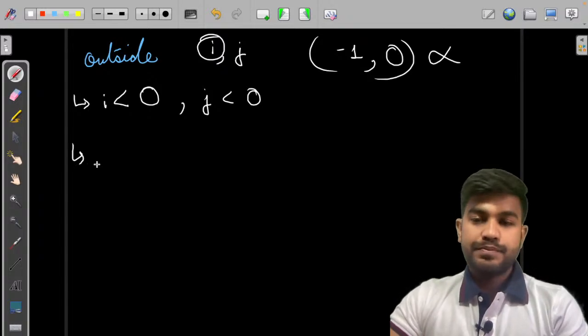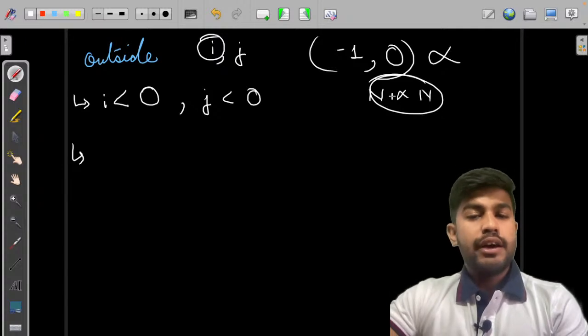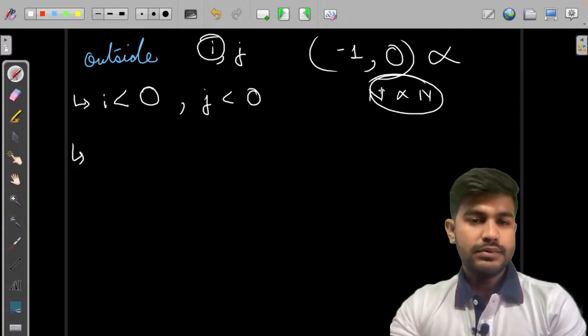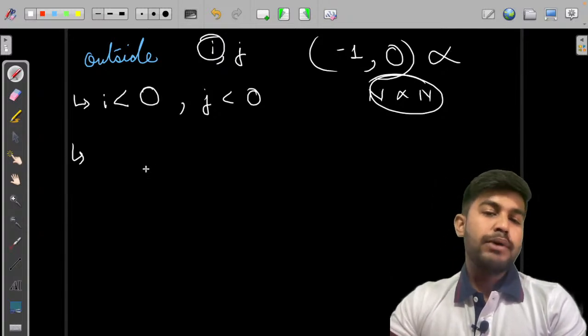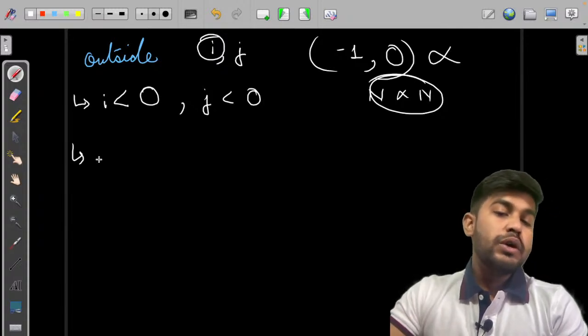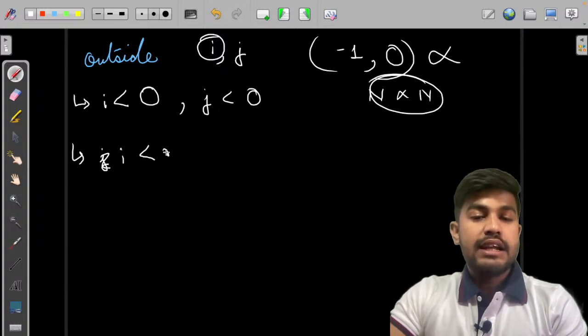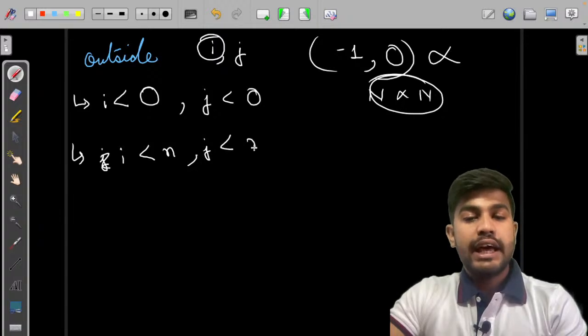Now suppose the size is n cross n for simplicity. So if the index is greater than n minus 1, then it is also not possible, because of zero indexing, the indexing can only go till n minus 1. So i should be less than n and j should also be less than n.